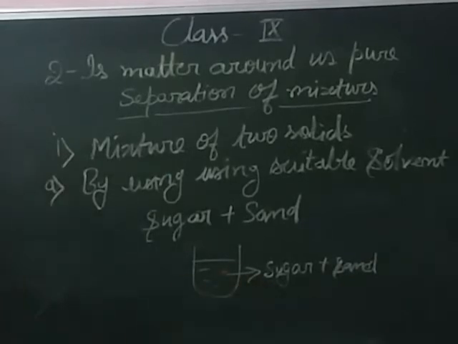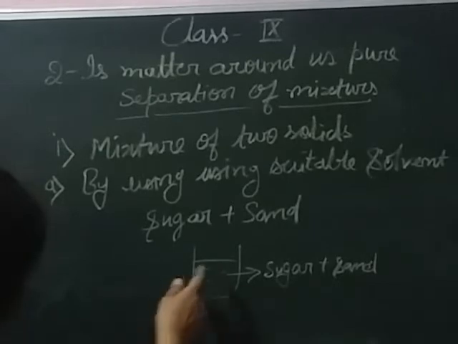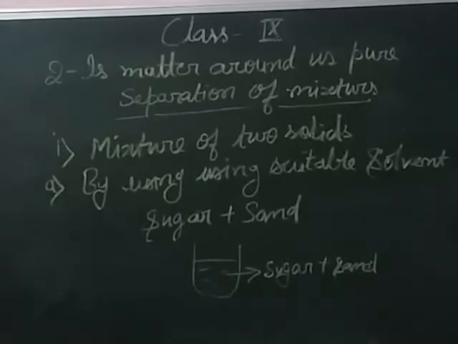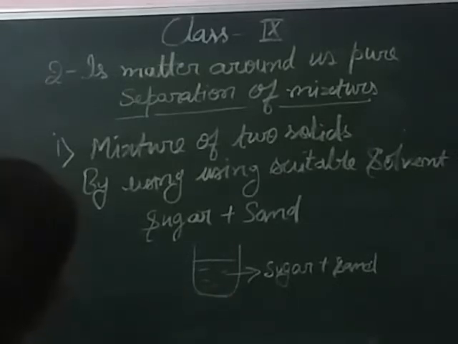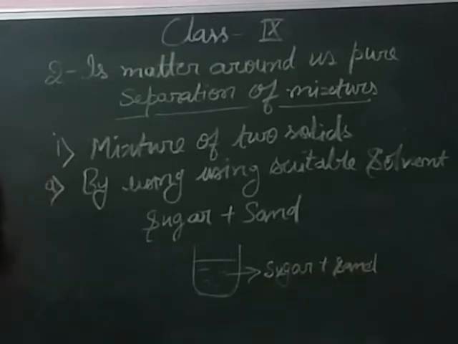Sugar is soluble in water, but sand is insoluble in water. So when we put this mixture in water, sugar dissolves in the water and forms a solution, and sand settles at the bottom. By pouring off the water, we remove the sand from the solution, and from the remaining solution, by evaporation, we get pure sugar.